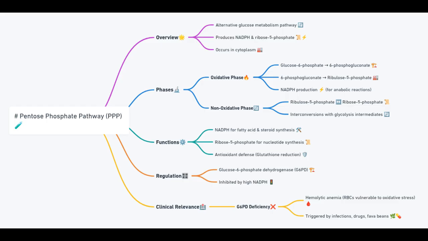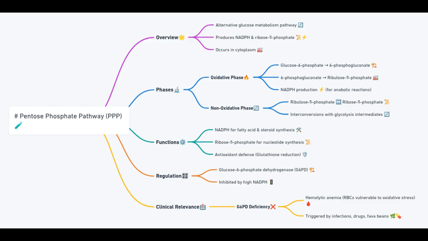So remember, glucose 6-phosphate is being converted to 6-phosphogluconate by glucose 6-phosphate dehydrogenase. Yeah, so that's the G6PD, which converts the NADP plus to NADPH, which in turn, plus the glutathione reductase, further on leads to production of reduced glutathione and protects the RBCs from oxidative damage.